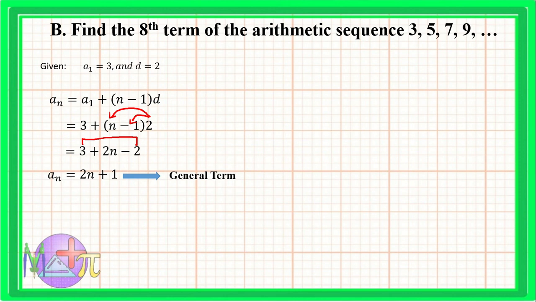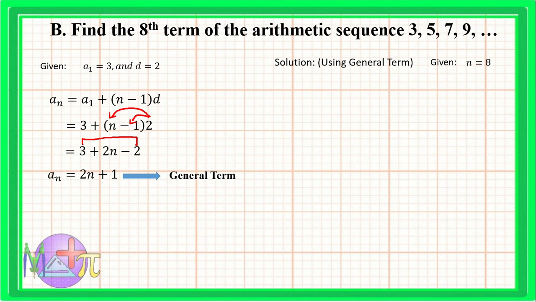Again, kapag nakuha nyo na po yung general term, pwede nyo pong gamitin to sa pagkuha ng unknown term. Pero kung gusto nyo yung direct na, yung hindi na kayo dadaan sa general term, pwede din. Papakita ko muna yung difference using general term and using the formula.